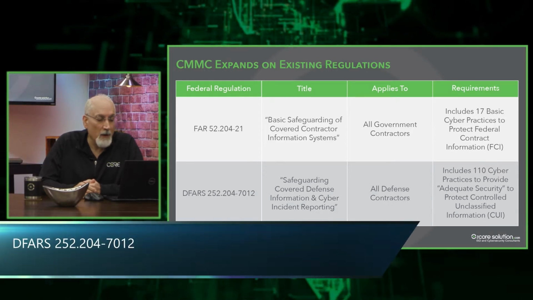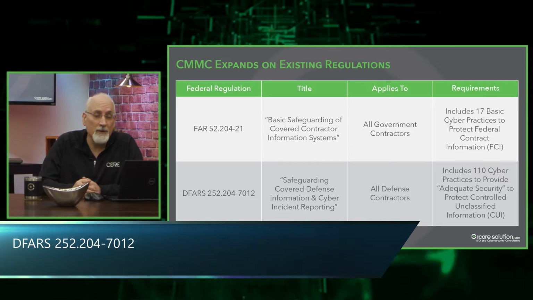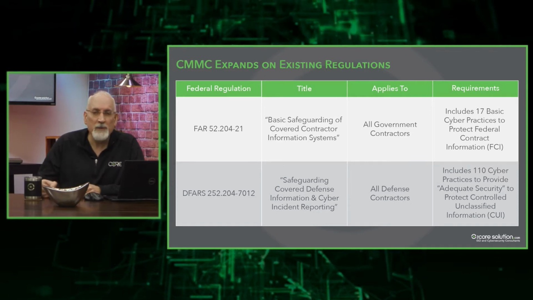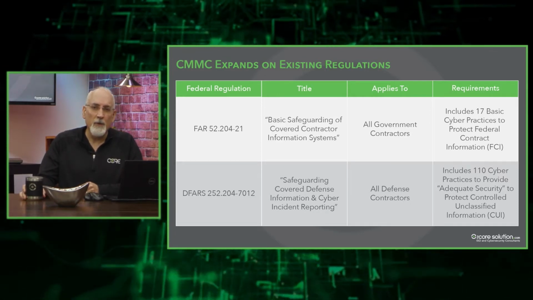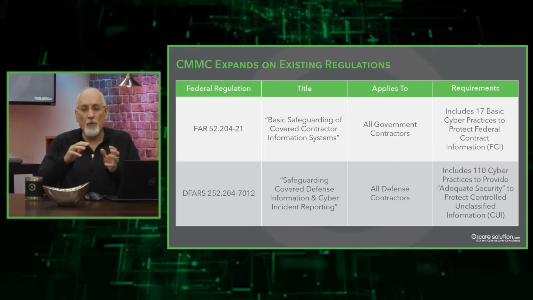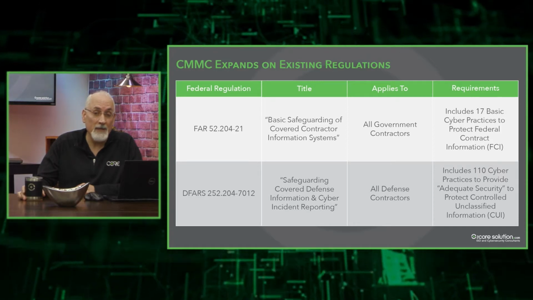And there are 17 basic cyber practices like changing your password, use a firewall, put antivirus on your computers, things like that. Those have been part of the regulations with contracting with the federal government for years. Now they've been rolled into CMMC, so it's no longer just an honor system, there's actually certification.